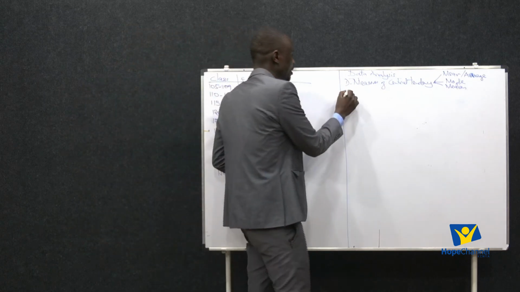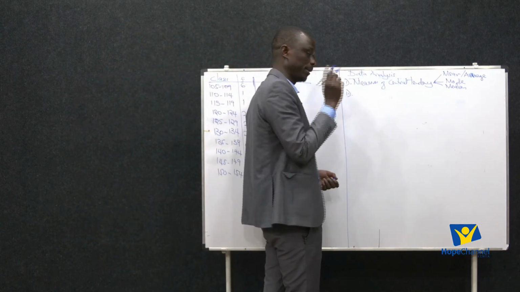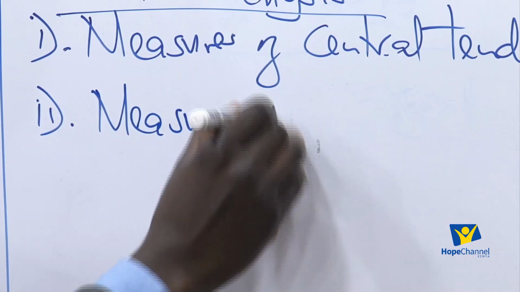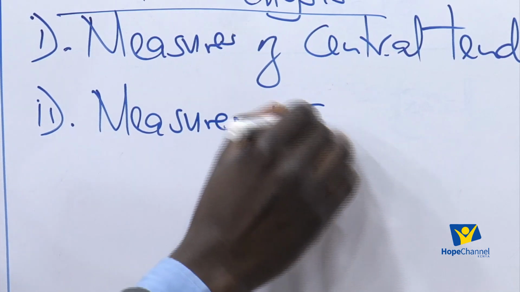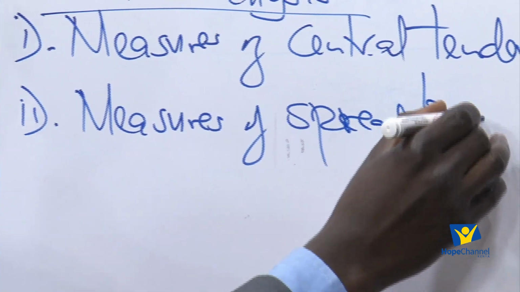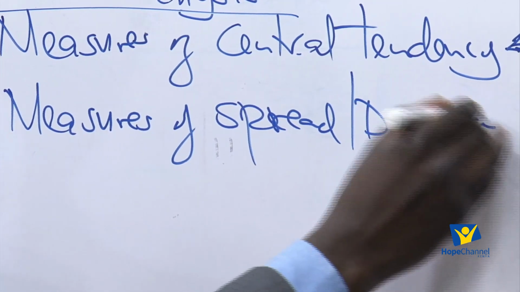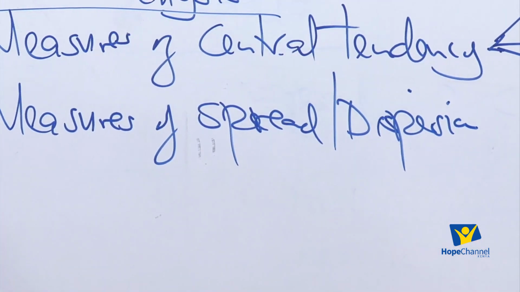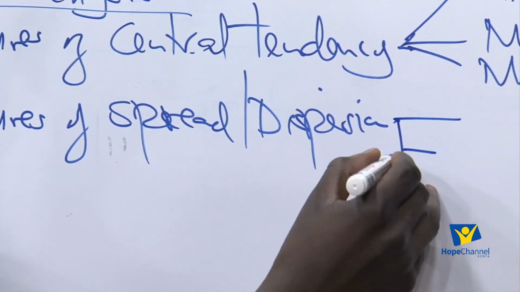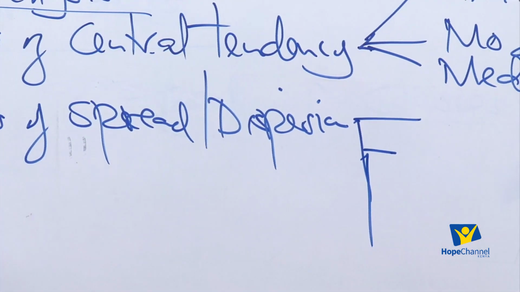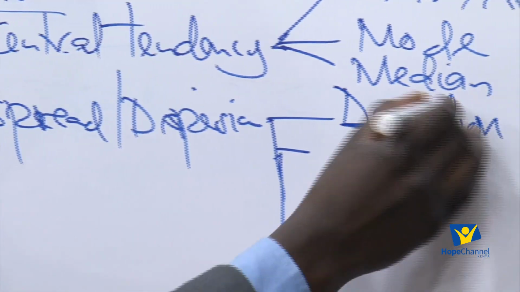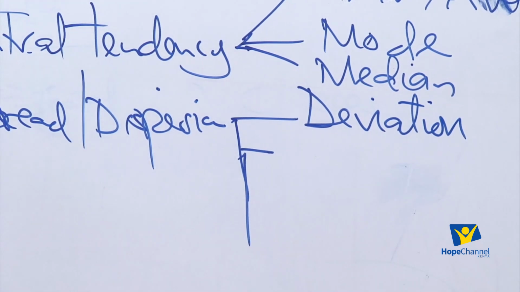Then the second category is what we are calling the measures of spread, or dispersion. Here we are going to have several. The first one is deviation.